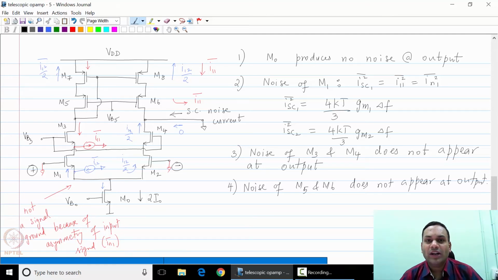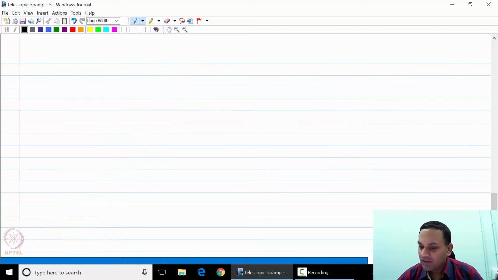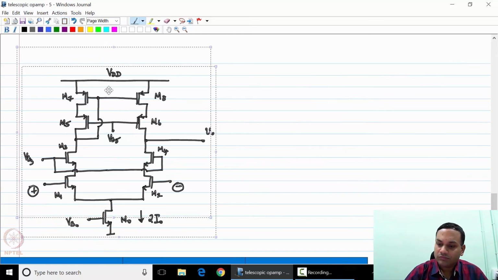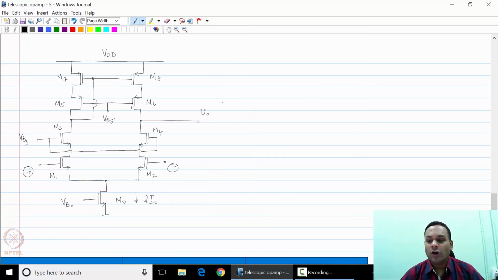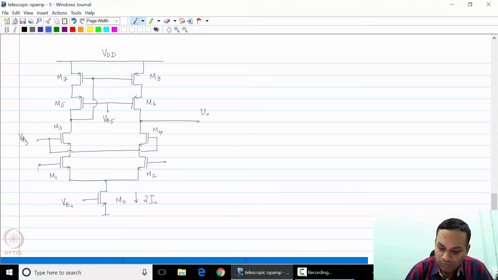Finally, we need to look at the noise of M7 and M8. So let us take the noise of M8 itself. We will show that in blue. The noise of M8 is a current source, which is I8 squared, in parallel with M8.